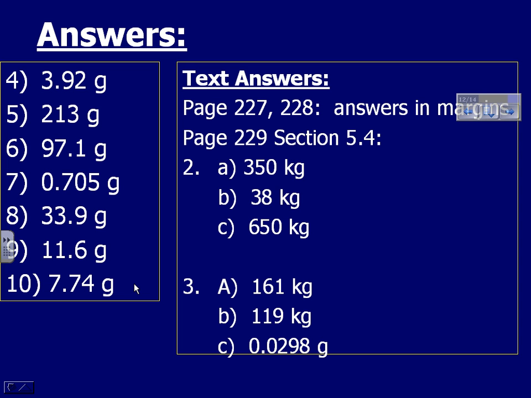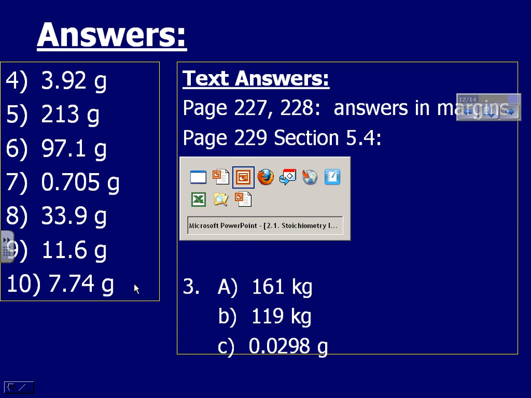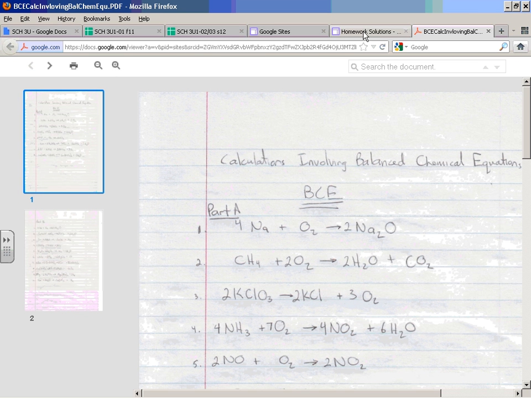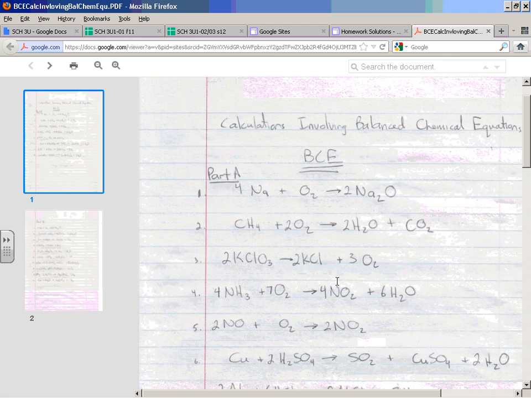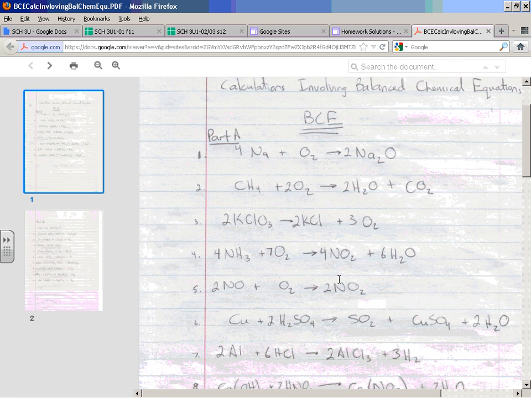Now, that sheet I gave you, you'll notice there are not any balanced chemical equations. And if you can't balance a chemical equation, you're going to be in rough shape. So what I've done is, on the website, under homework solutions, under balanced chemical equations for calculations involving balanced chemical equations, which is the sheet you have, you click on view, and I've given you all of the balanced chemical equations.